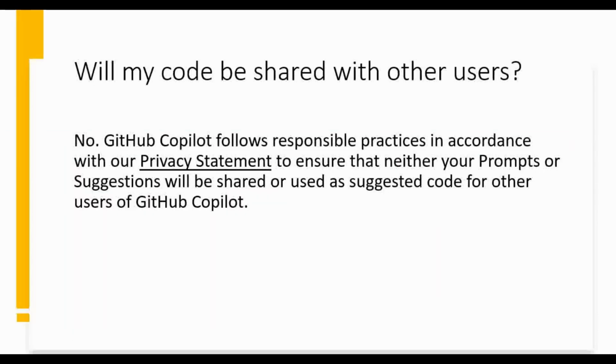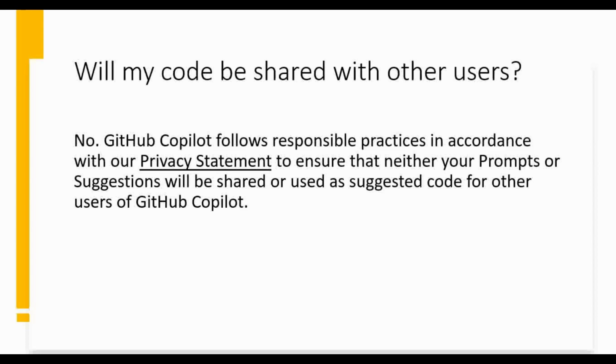Will my code be shared with other users? This is again one important question, right? Will GitHub Copilot use your code to train the model, or will it get saved somewhere else, or will it get shared with others? The answer that GitHub itself provided is no. GitHub Copilot follows responsible practices in accordance with our privacy statement to ensure that neither your prompt nor suggestion will be shared or used as suggested code for other users of GitHub Copilot, right?